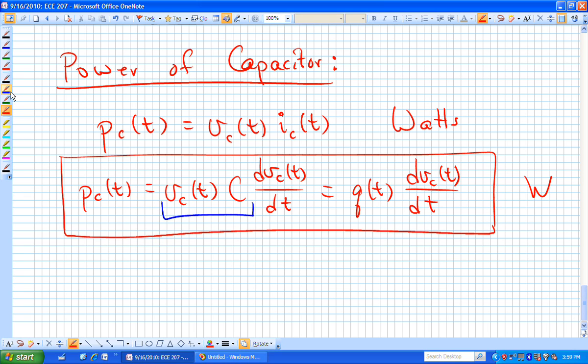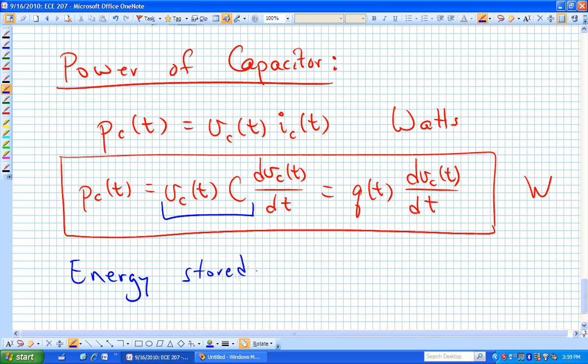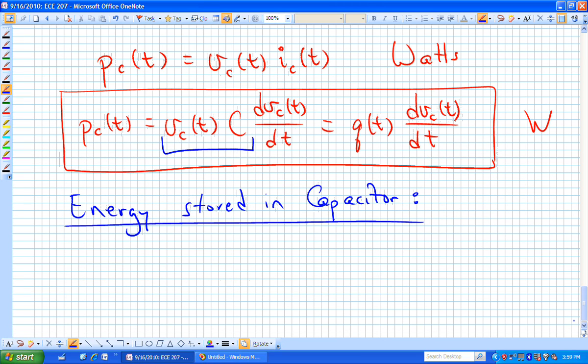But it may be more interesting to talk about the energy stored in a capacitor. And we know how energy and power are related. What do we have to do with power to get energy?